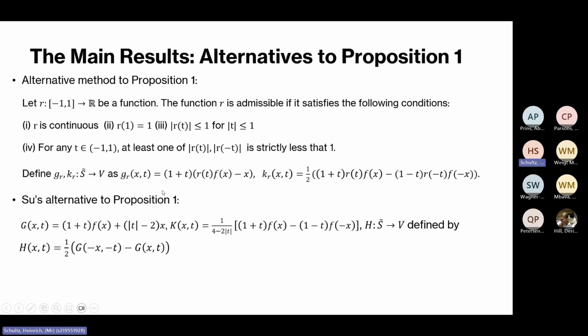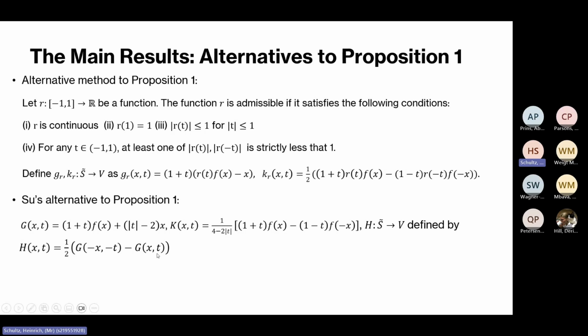Sue has another alternative to proposition 1, where he uses two functions g and k, which are kind of similar, but have their own unique twists. What makes his alternative interesting is that he uses a function h, which also maps S tilde to V, defined like this: h of (x, t) is equal to a half multiplied by g of (negative x, negative t) minus g of (x, t).